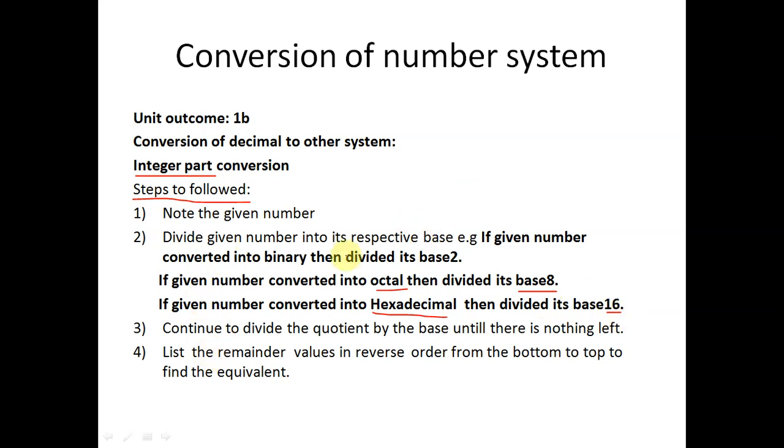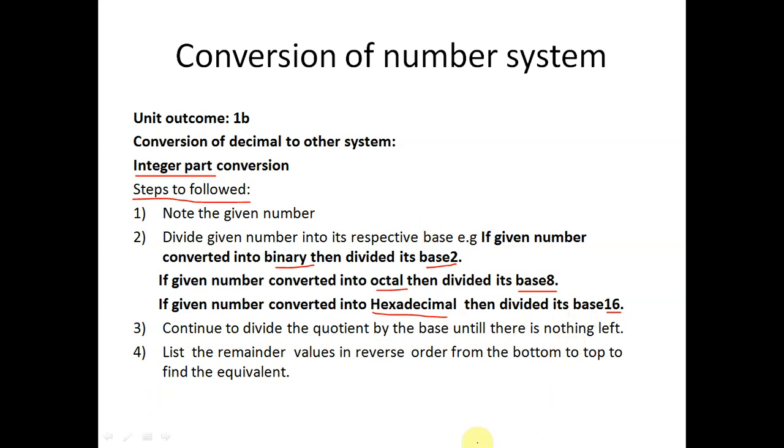Again I repeat here. If the given number is binary, divide by its base 2. If the given number is octal, divide by its base 8. And if the given number is hexadecimal, then divide by its base 16. Now continue to divide the quotient by the base until there is nothing left.